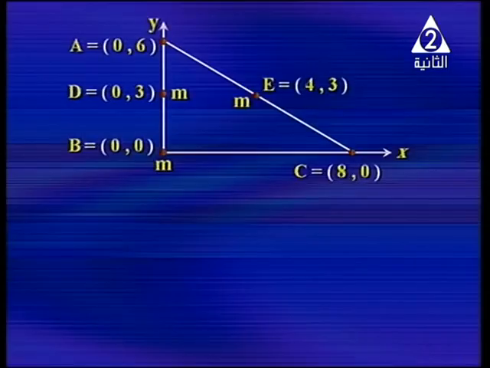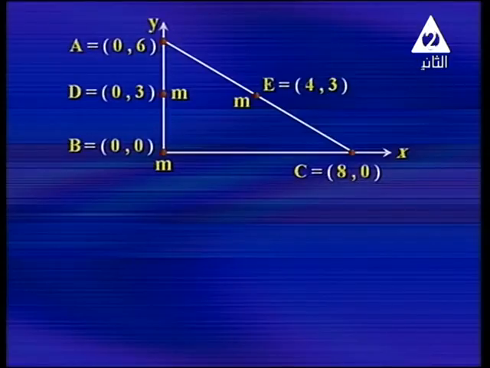We have three masses, M at B, the second at point D. Remember, D is the midpoint of AB. The third mass is at the midpoint of AC. Look at the point A, 0, 6. The point B is the origin point 0, 0. The point C is 8, 0. Why? Because the distance BC is 8.